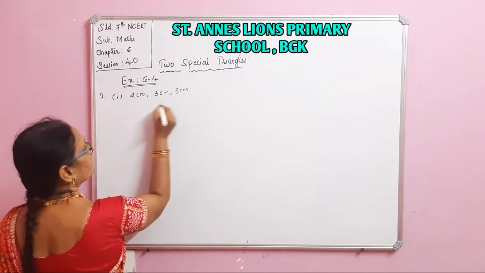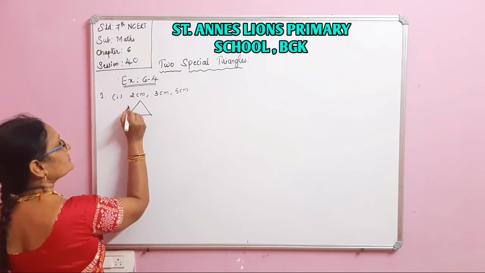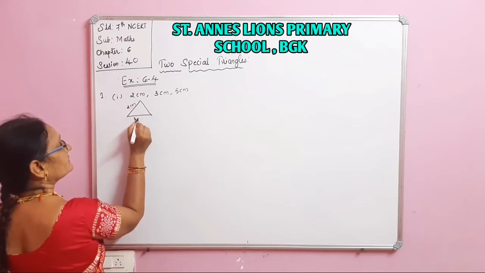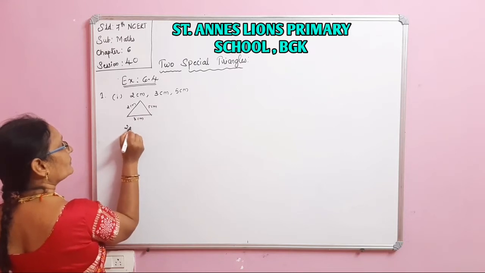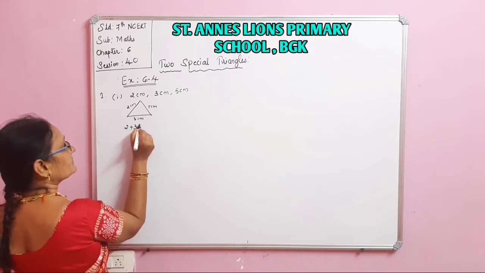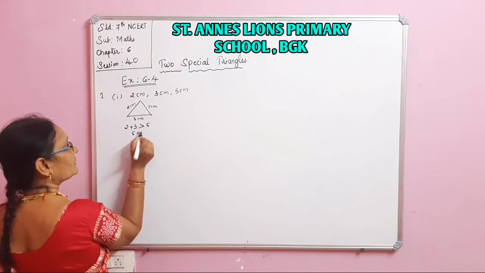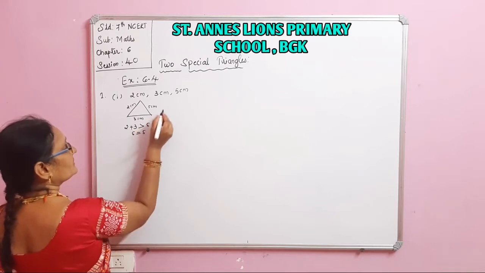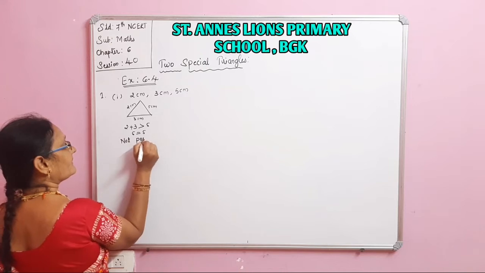See here, better we draw one triangle. This is 2 centimeter, 3 centimeter, 5 centimeter. 2 plus 3 must be greater than 5, but here it is 5 equal to 5. So it is not possible.